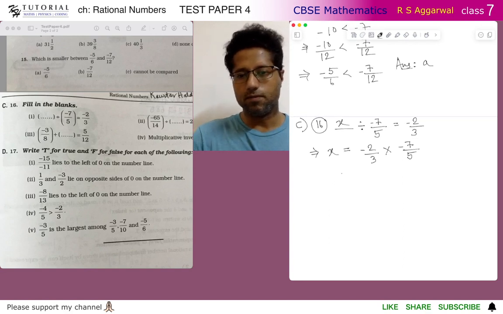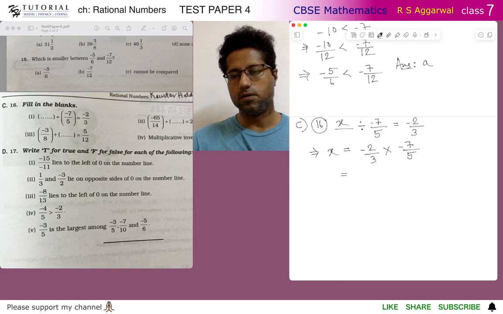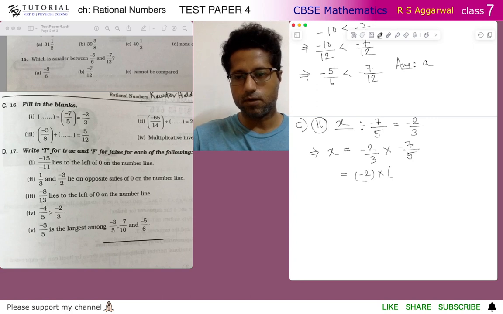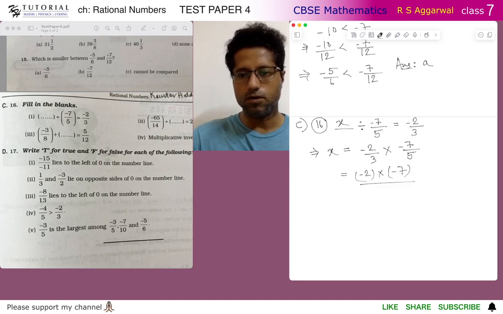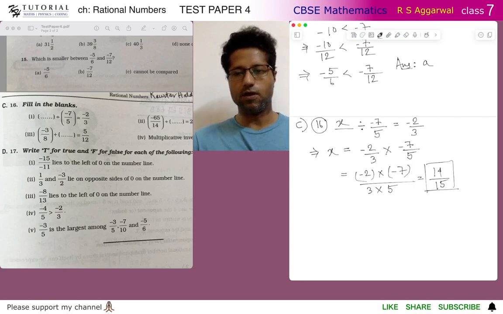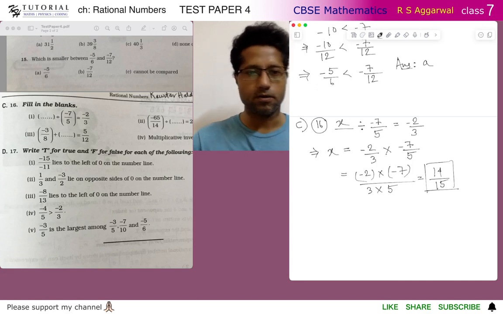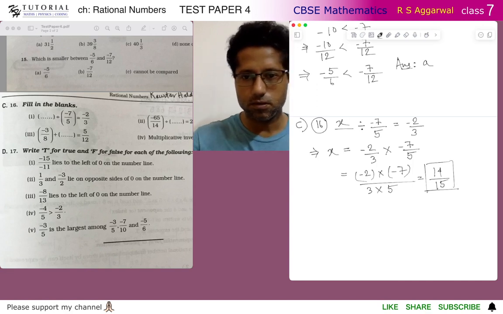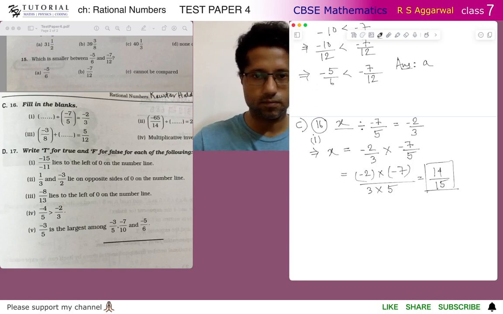We know that in multiplication of two rational numbers, it is the product of the numerators divided by the product of the denominators. So this is 14 by 15. So this is the answer. This is the value of x that should be put in the blank. Okay. This was question number 16, part 1.